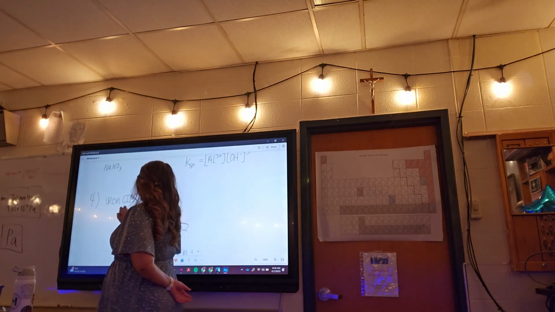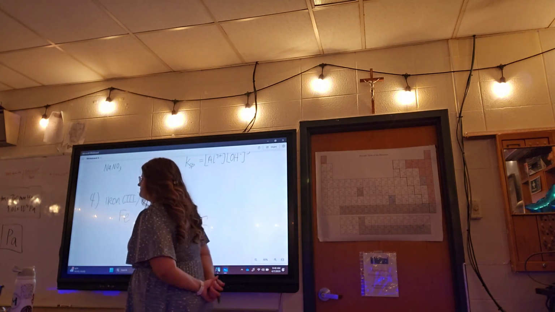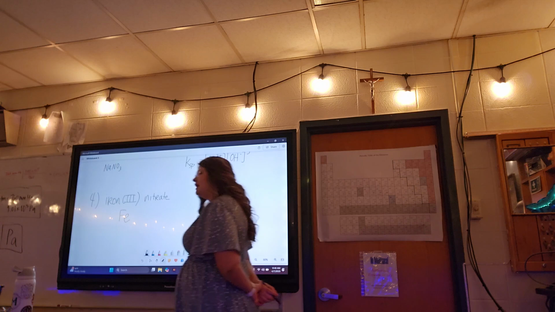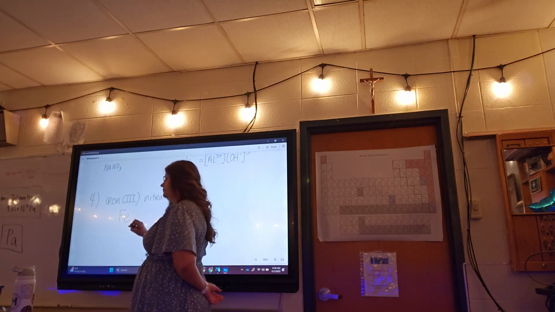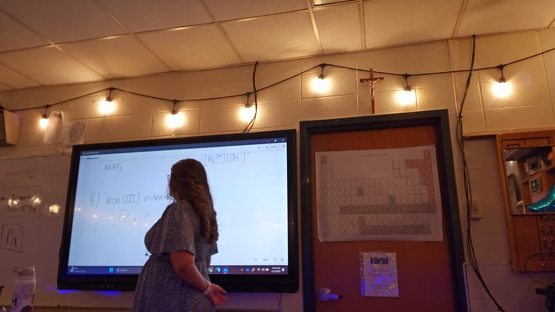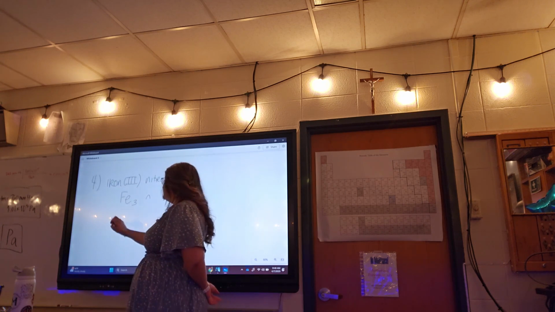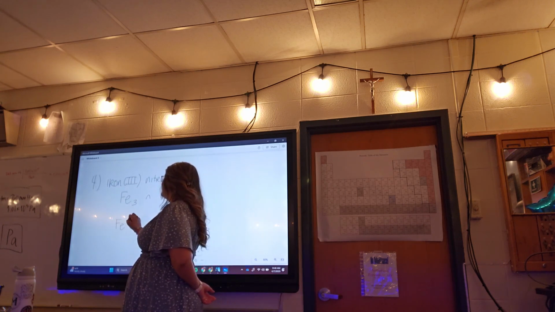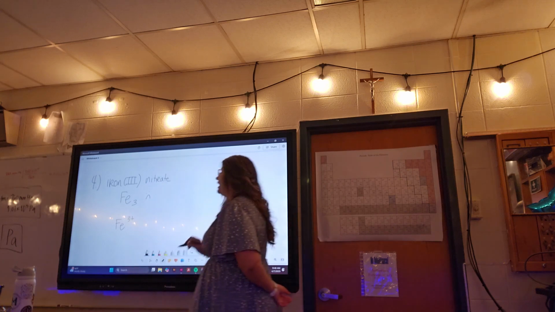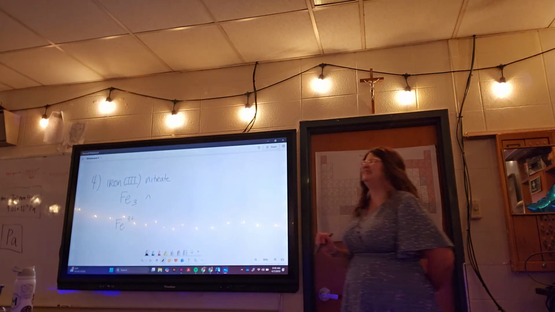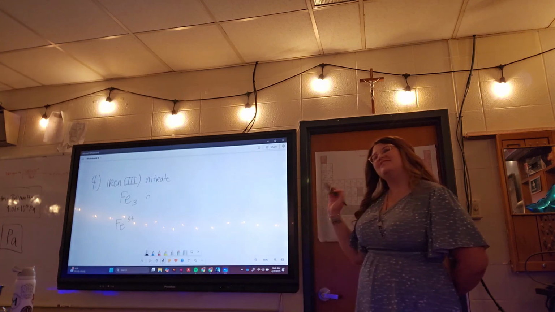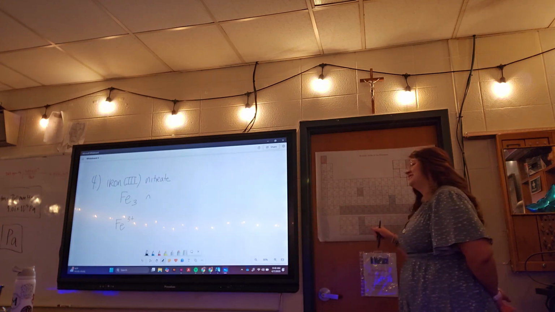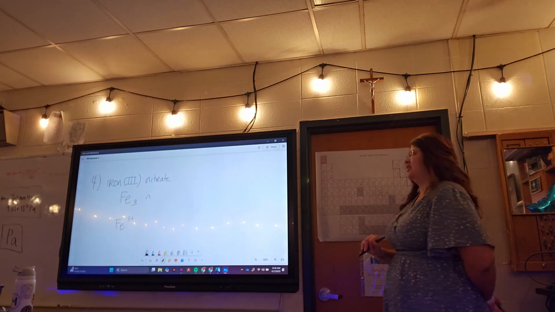Iron 3 does not mean this. Iron 3 means this. The number in Roman numerals tells you the charge of that ion, not how many of it there are.